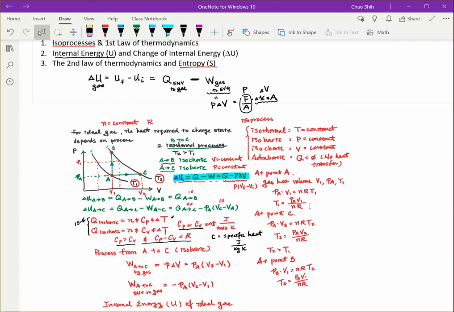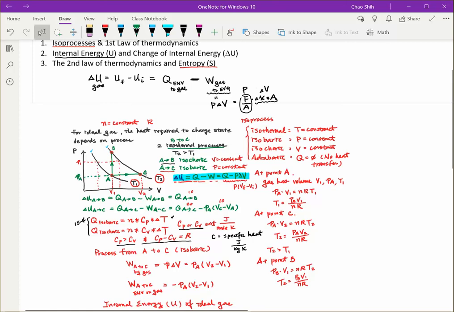Normally we use 8.314, if you use moles for n, cubic meters for the volume, and Pascals for the pressure. So this way you can get the temperature T1. On the other end, on the right hand side, you can see another point that we mark as C.